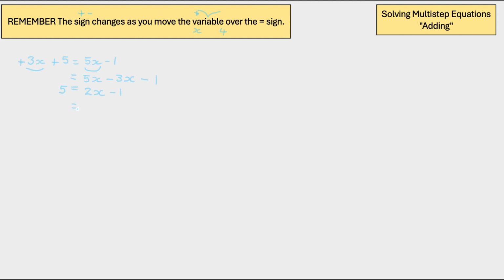So remember, we need to get the letter on its own. So now we've matched the letters together, which are our x's, we now need to match up our numbers. So minus 1 is now going to go all the way over here. It's a minus, and it's going over the equal sign, so it's going to become, yeah, you're right, a plus, okay, which is 6.